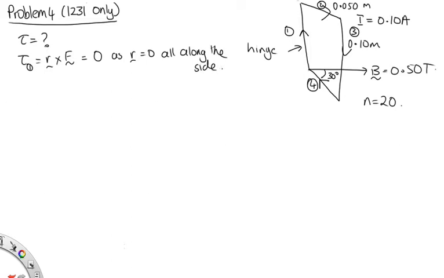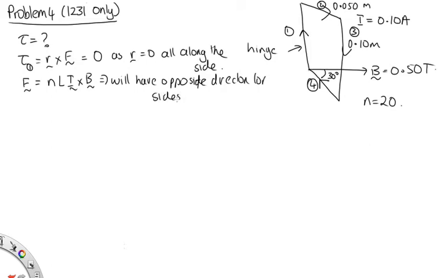Now for sides 2 and 4, we'll need to use that the force is equal to NL I cross B. But the currents are travelling in opposite directions for these two sides. So the force will have opposite direction for sides 2 and 4.